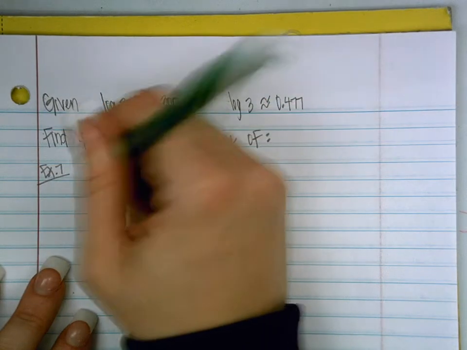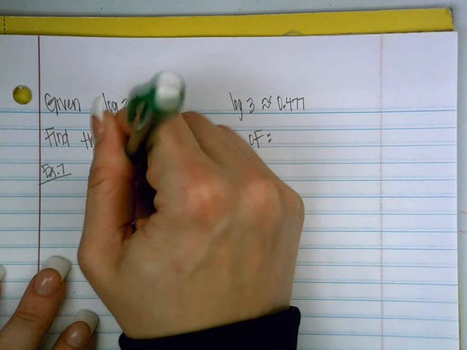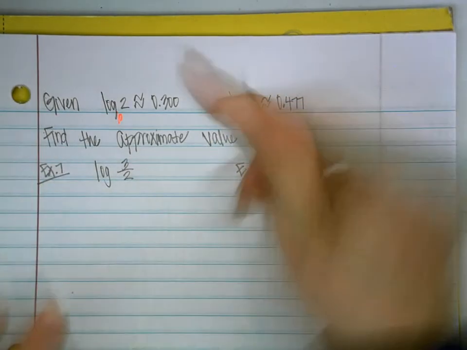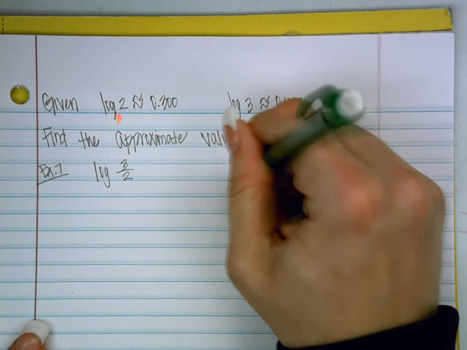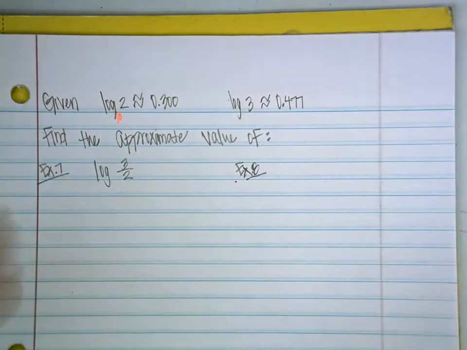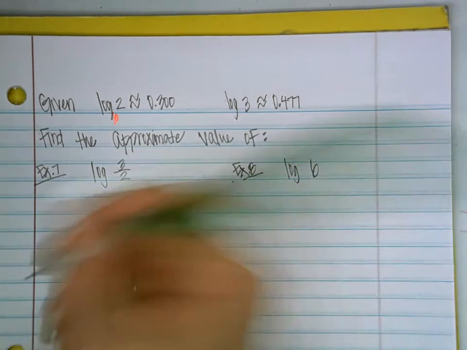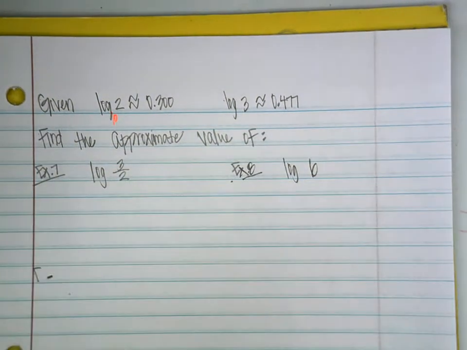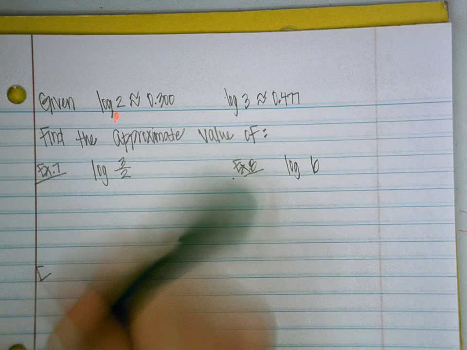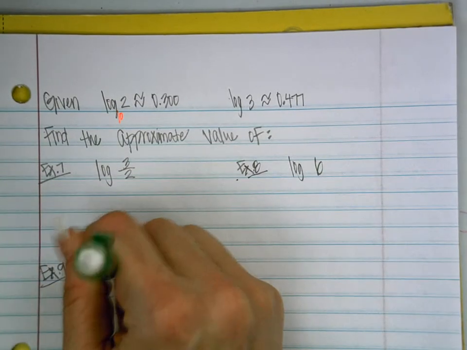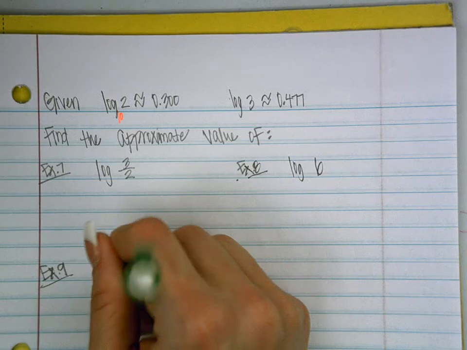Find the approximate value of log 3 divided by 2. For number 8, find the approximate value of log 6. And then last one, number 9, find the approximate value of log 12.